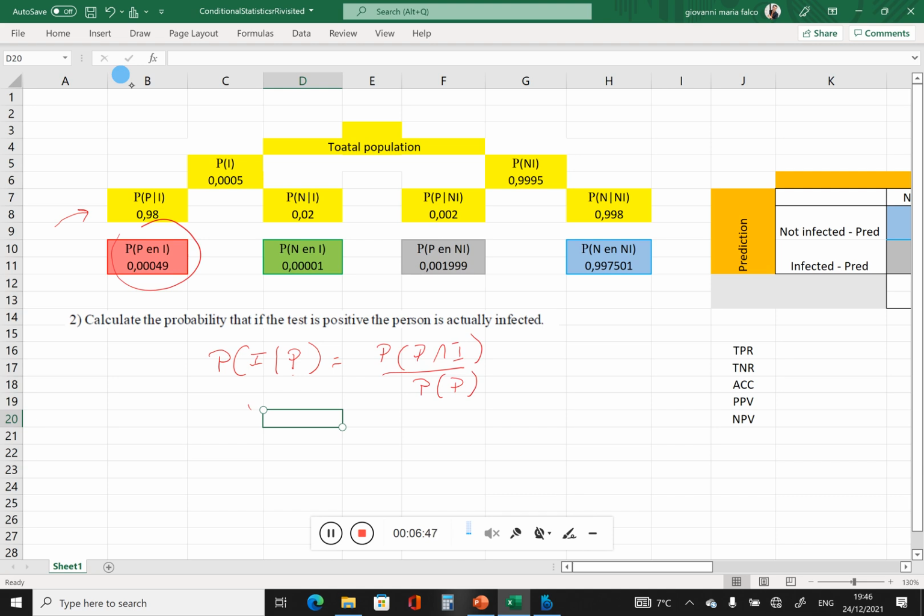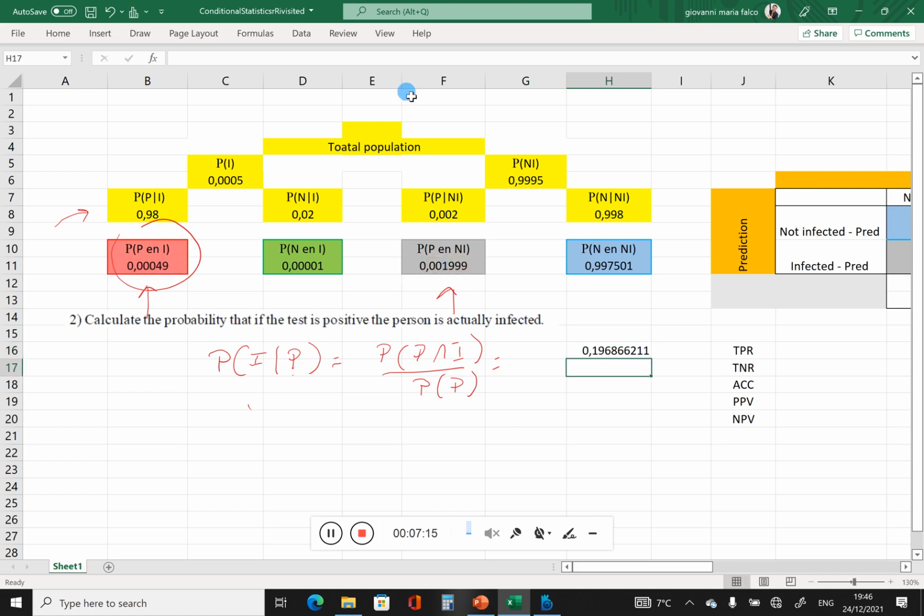Basically, it is the sum of these two probabilities. Okay, so this will be equal to this probability divided by this probability plus the probability to be positive and not infected.